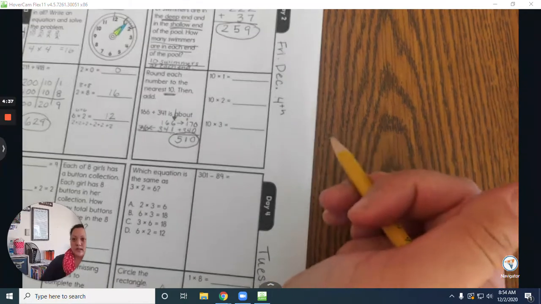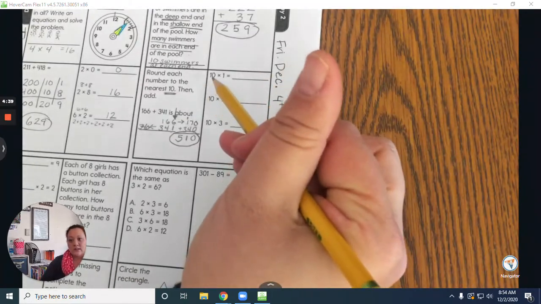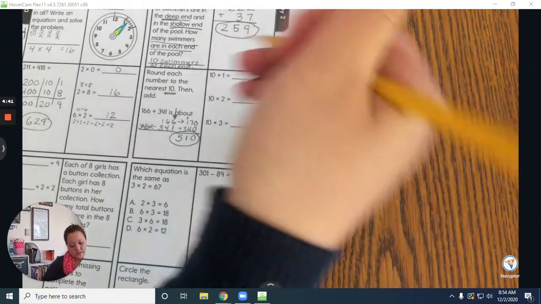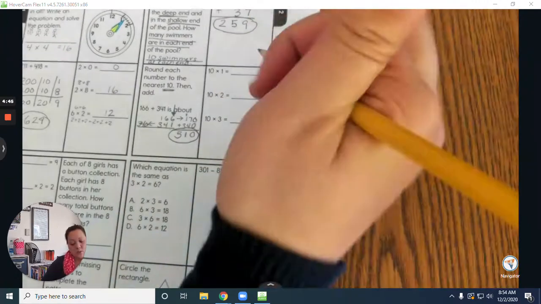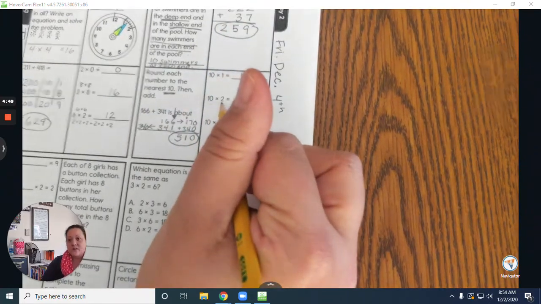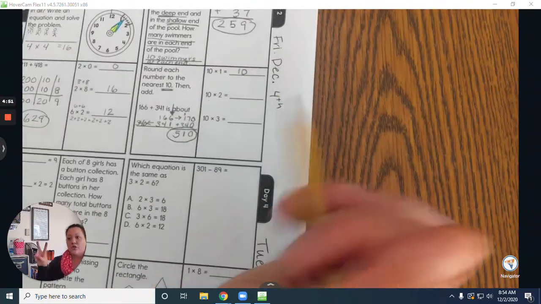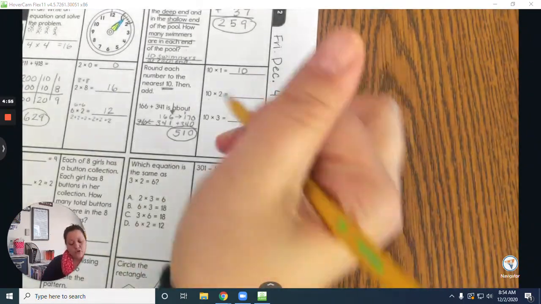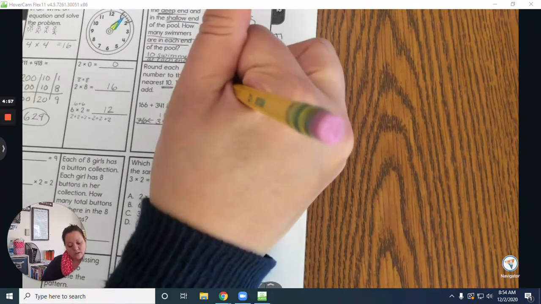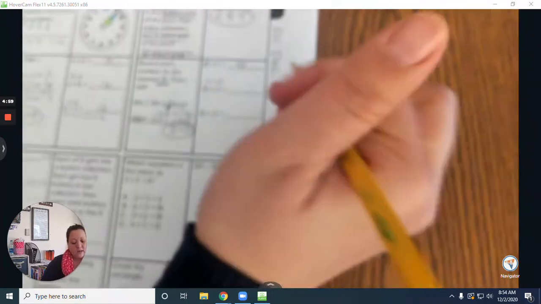Okay, so I should see this. 10 times 1. So anything times 1 is still itself. It's just one group of 10. And one group of 10 is 10. 10 times 2. That's 2 groups of 10. So that'd be a 10 and a 10. 2 groups of 10, or we could also say it's 10 plus 10.